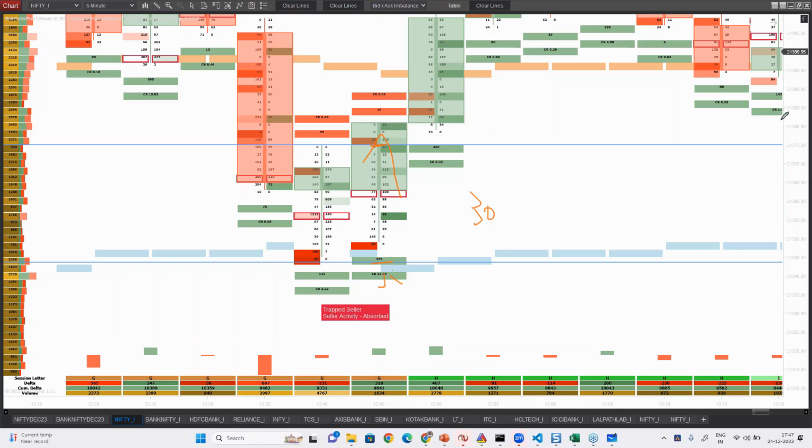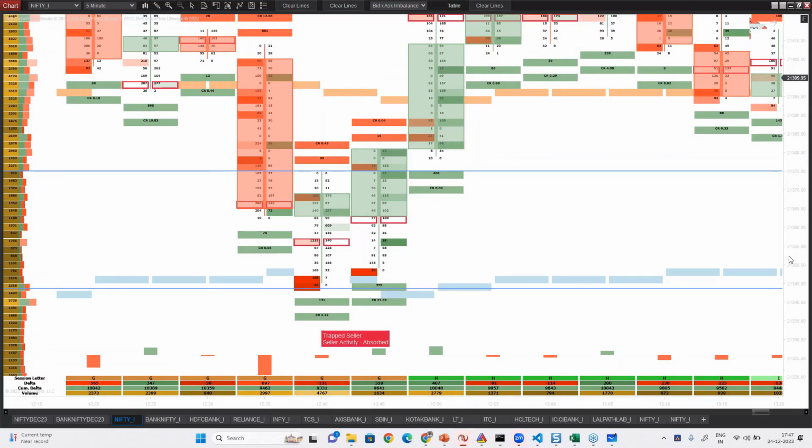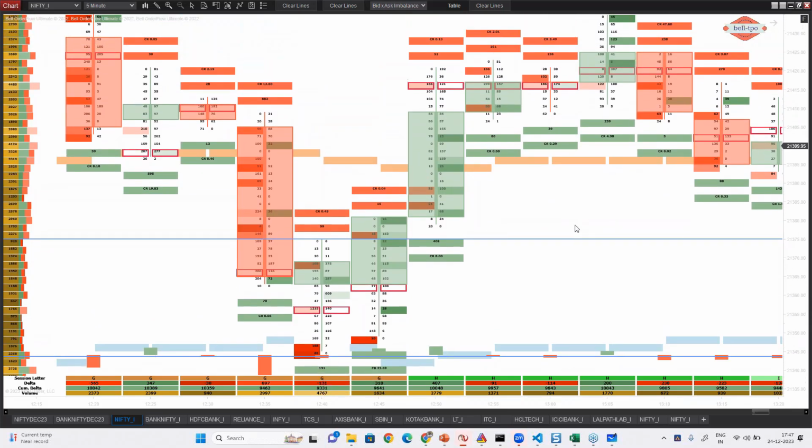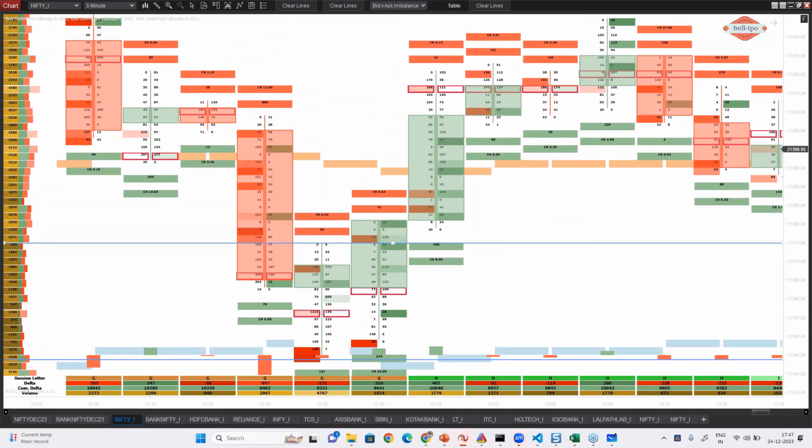All right. Now, how many points did this one do? It had done some decent upside. In the very next 10 minutes or so, the price reached a high of how many points?